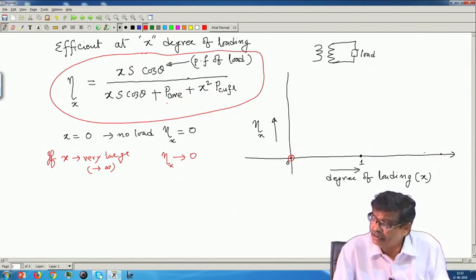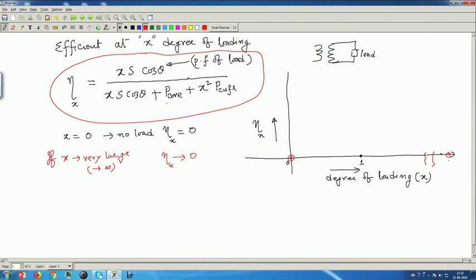So, at a very large value of x, once again I know efficiency will be also 0. But in between, whatever is the value of x, this will give you some finite numbers.